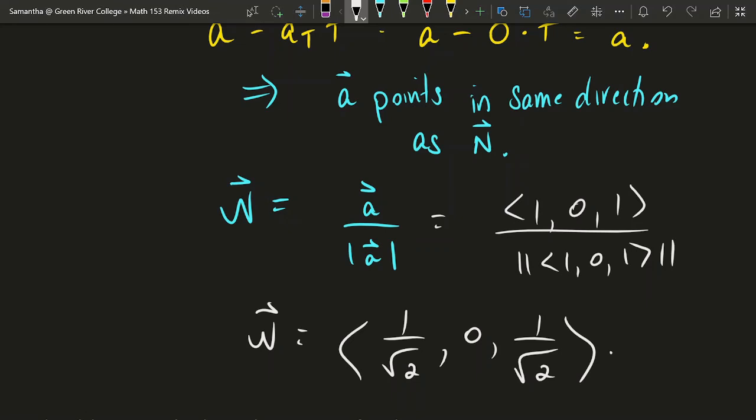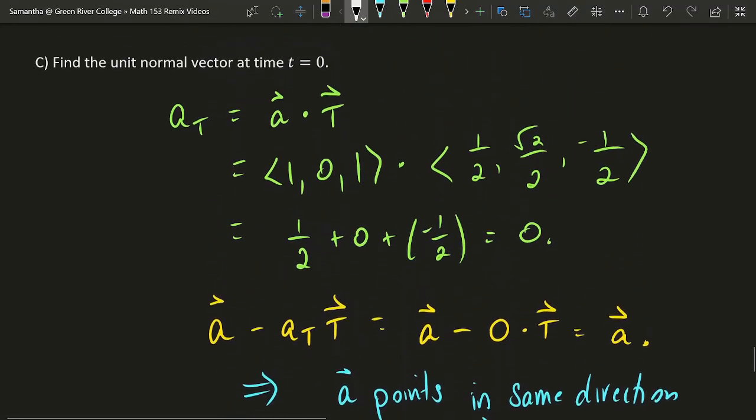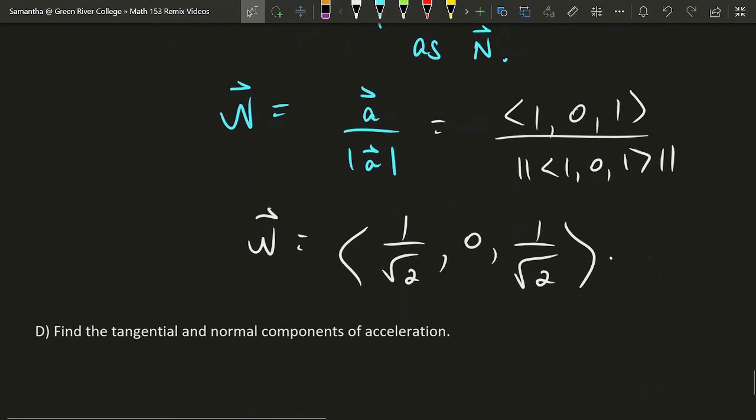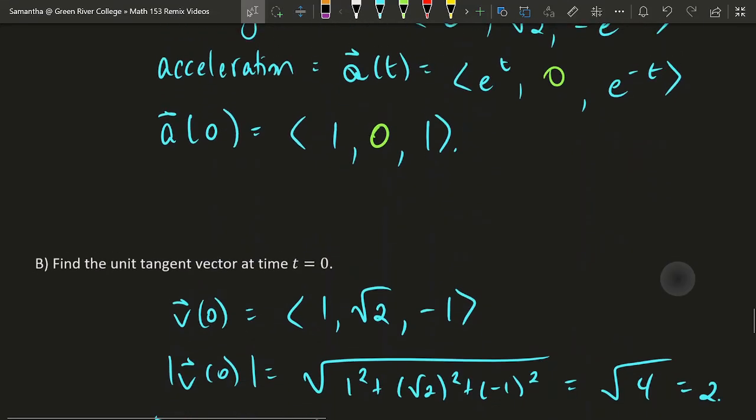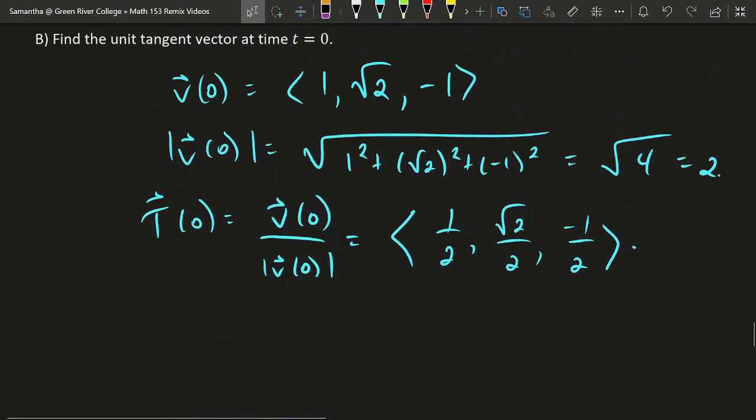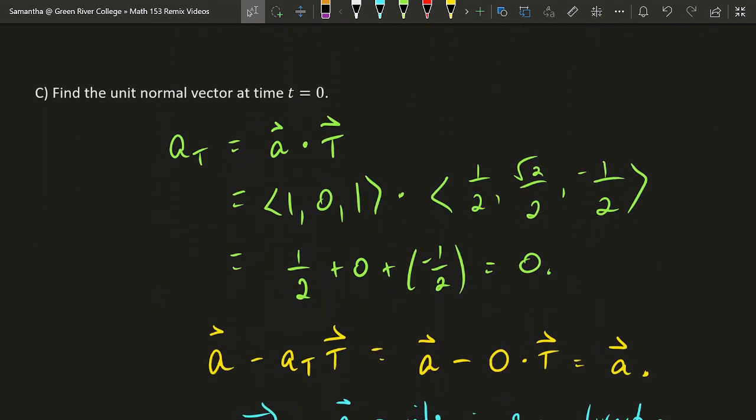So in summary, a nice easy way to calculate the unit normal vector without having to do a bunch of excessive and really complicated derivatives. Step number 1, find the acceleration vector. Step number 2, find the unit tangent vector. Step number 3, find the tangential component of acceleration by dotting the acceleration with the tangent vector.